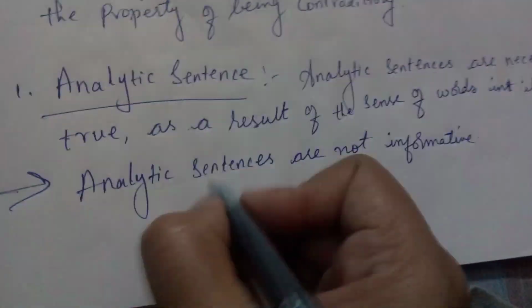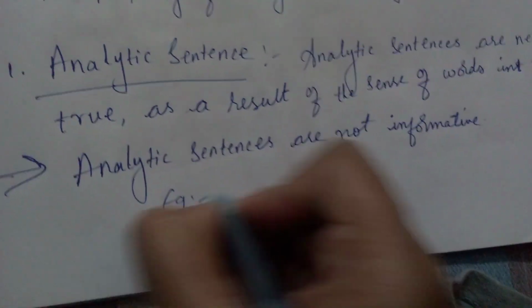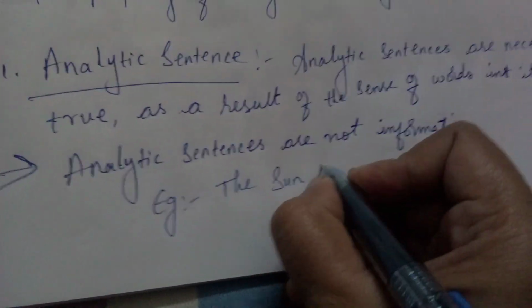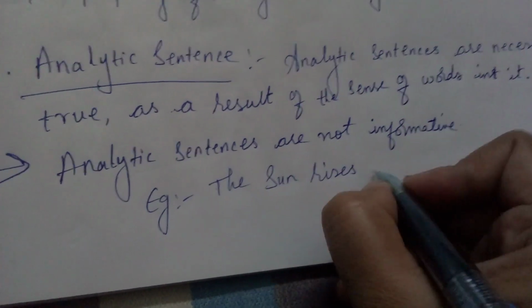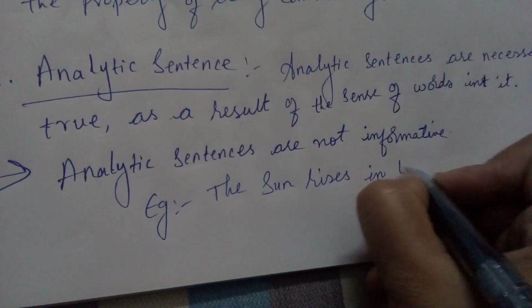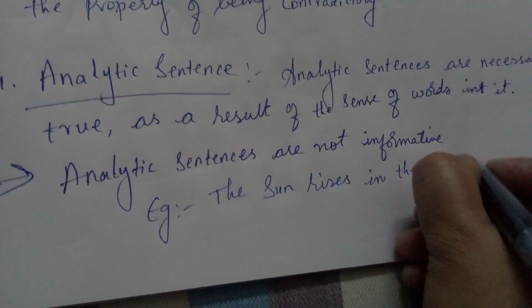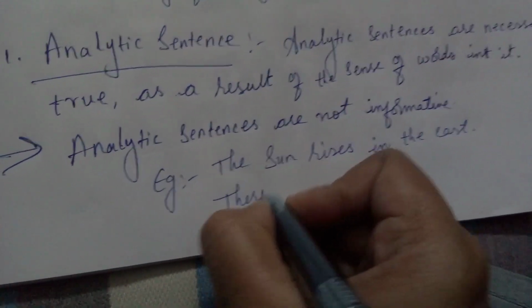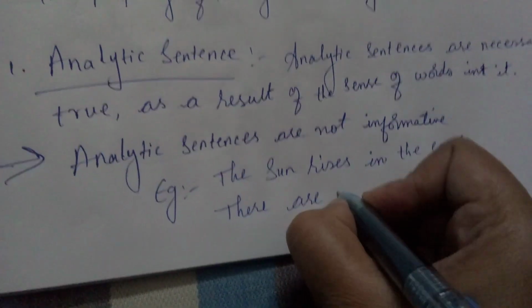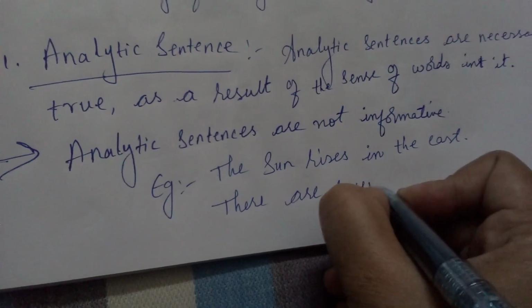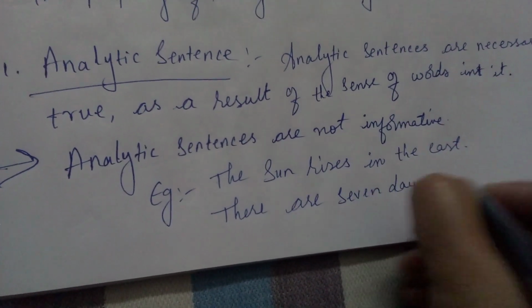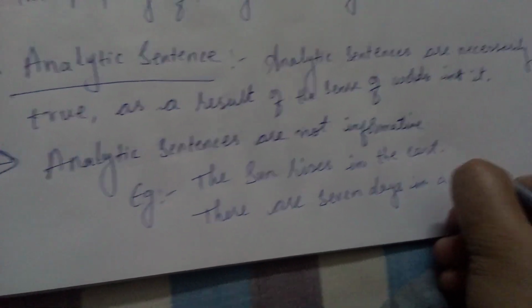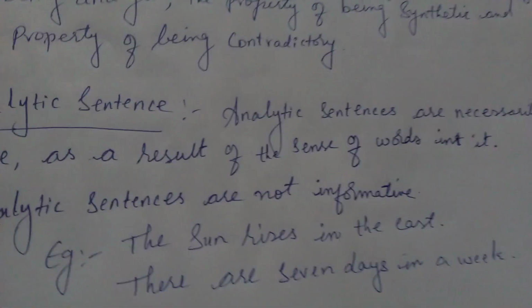Example, the sun rises in the east. There are 7 days in a week.